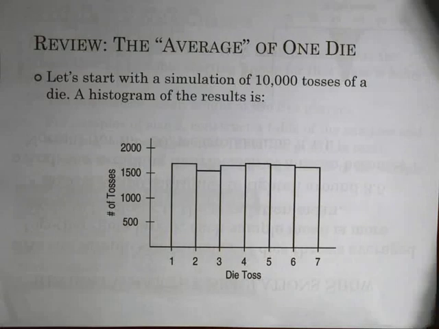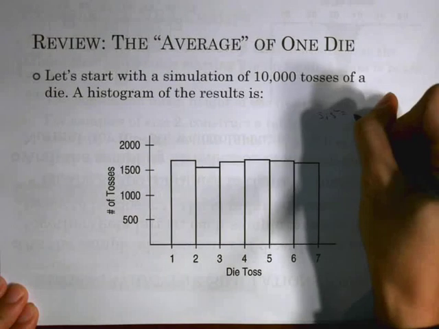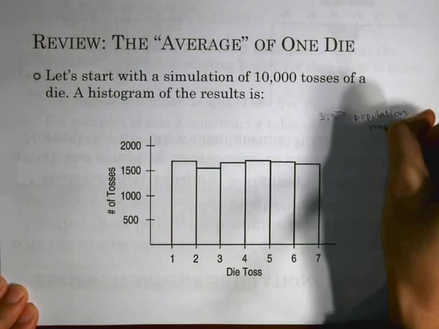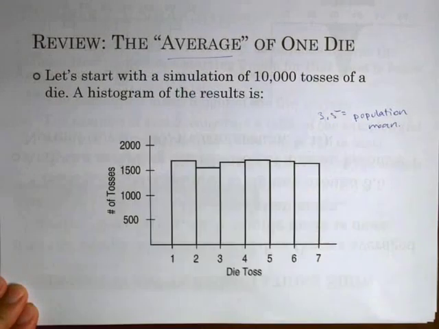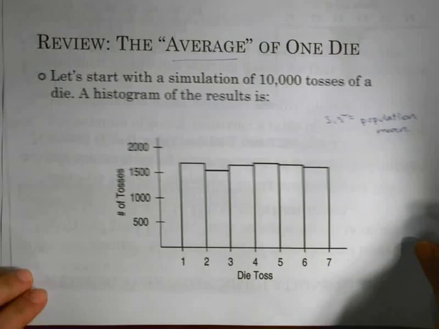It should be about 3.5. So 3.5 is the population mean. That's the average value when we roll a die.